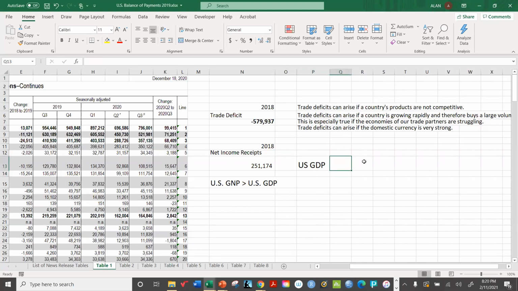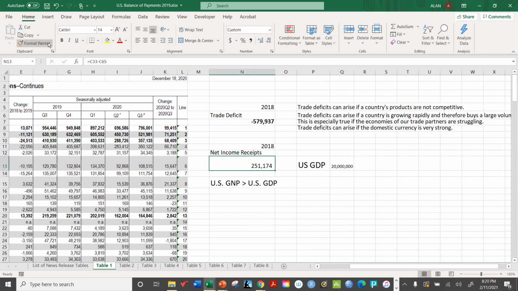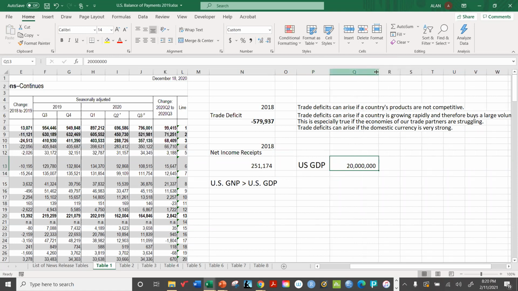Hold on one second. That would be this. Okay, because here I've written 20 million. If that's treated as millions of dollars, that actually works out to 20 trillion.